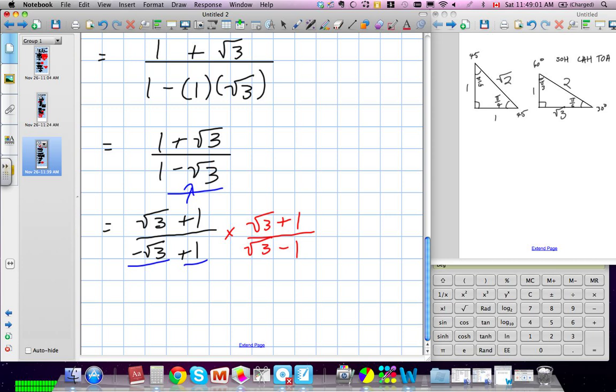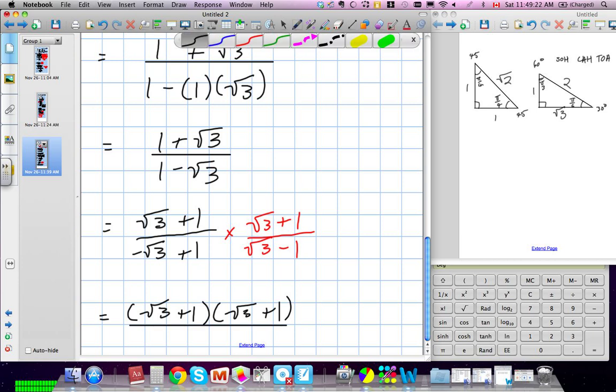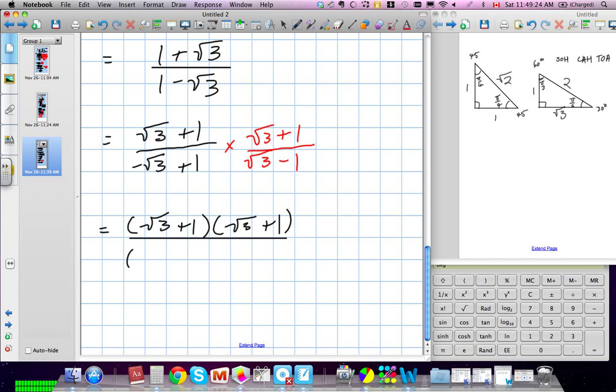Okay. Now we're going to multiply this, so we're going to be doing our FOIL. So in other words, we're going to have root 3 plus 1 times root 3 plus 1. That worked out nice. Over negative root 3 plus 1, root 3 minus 1. I think that'll help get rid of this for our FOIL.